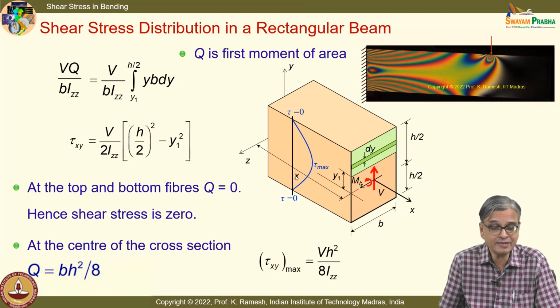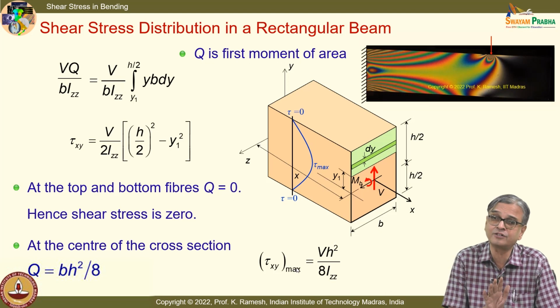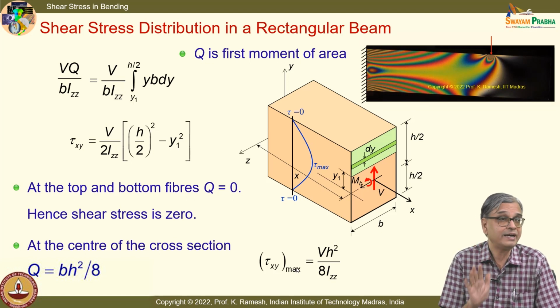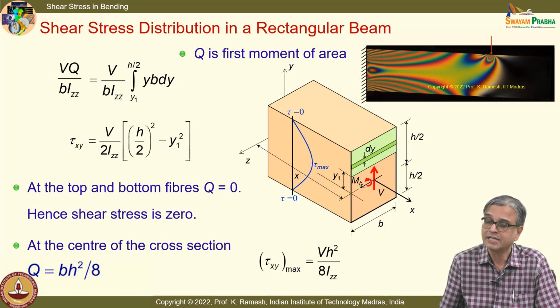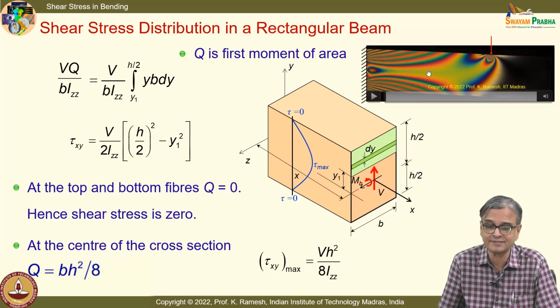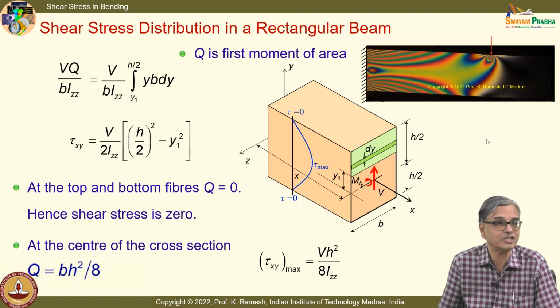We have not commented about the magnitude of shear stress in comparison to bending stress. The focus is only on the variation, and I have asked you to look at two aspects. One is that the centroidal axis is having a color, and the second is that this fringe is not a straight fringe, but it is having a curvature.